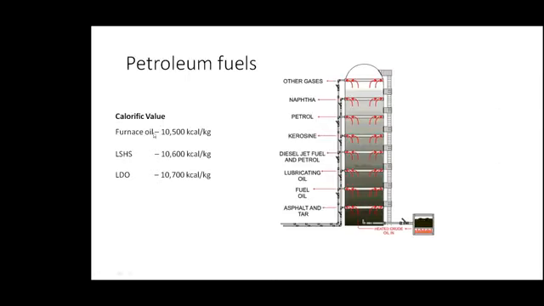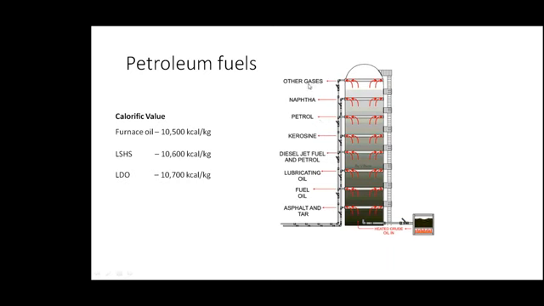These are the petroleum fuels. We have furnace oil. The crude oil comes into the refinery from the oil wells, and then it goes through a distillation column where different gases and fuels are separated.